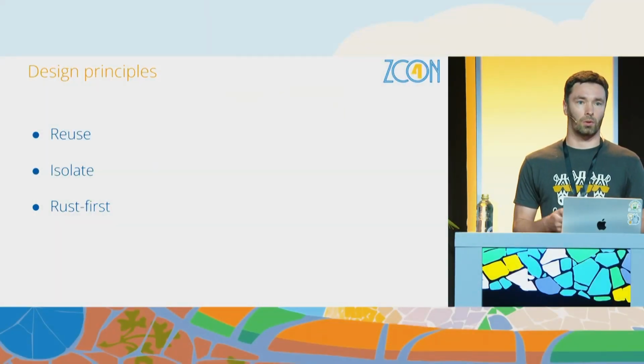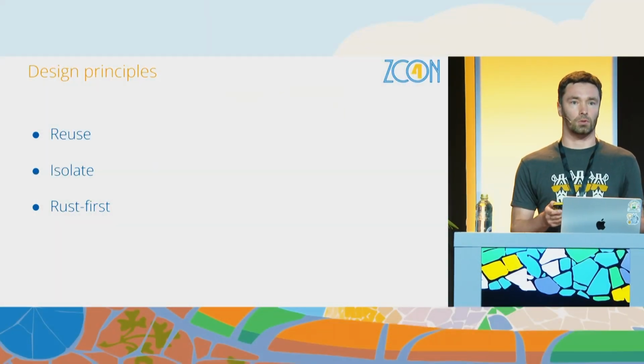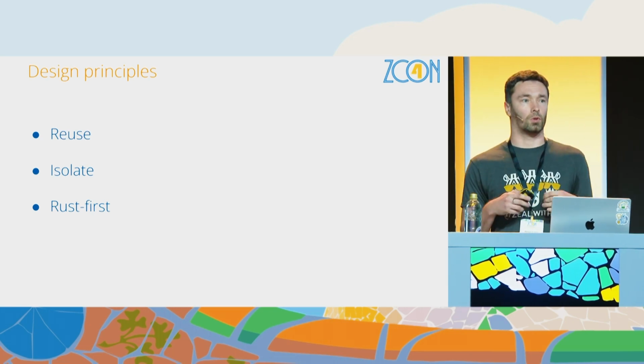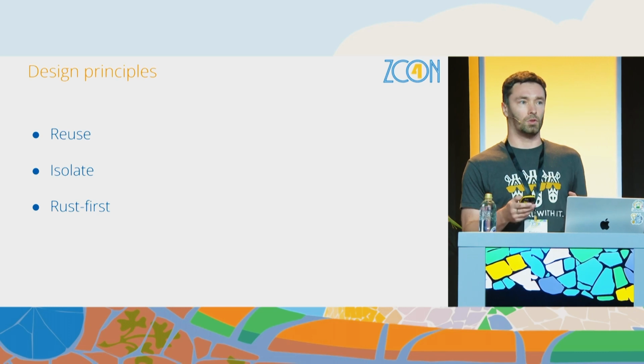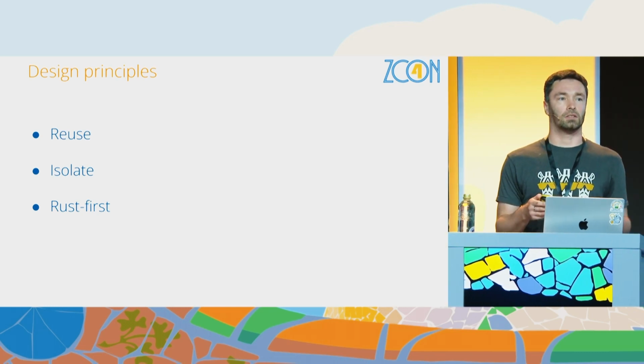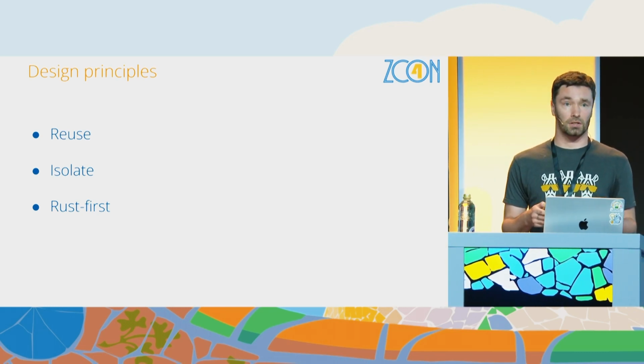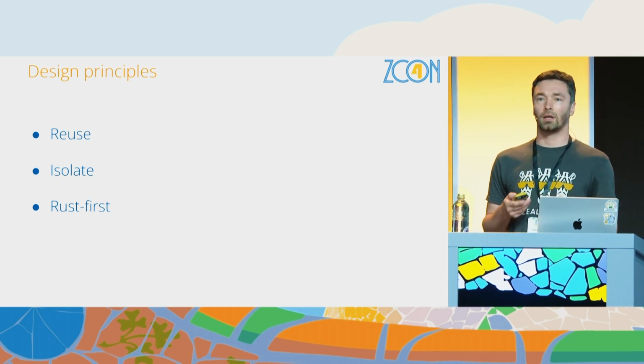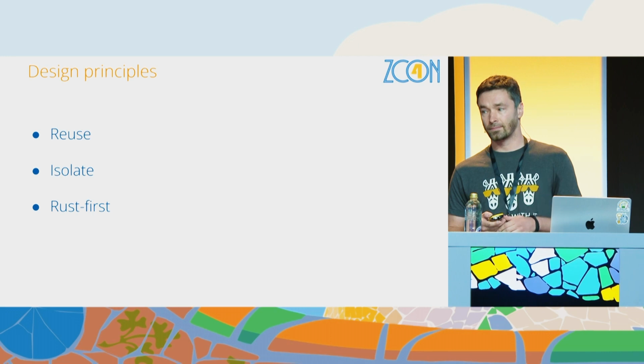Our design principles, just to understand how we tried to make it: we wanted to reuse existing functionality and concepts as much as possible. We don't want to reinvent the wheel. We want to be as close to the original protocol, but also we want to isolate, because we don't want to introduce new security problems into the existing code base and existing interactions, and also we don't want to change the interfaces that you are already using to interact with Zcash.